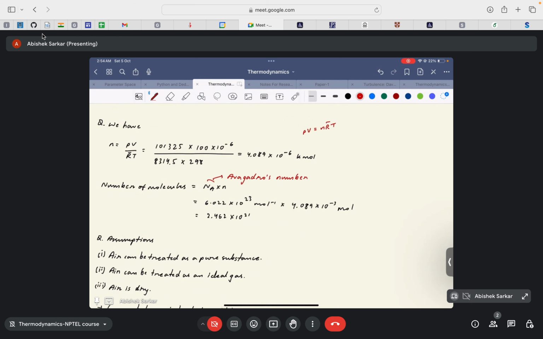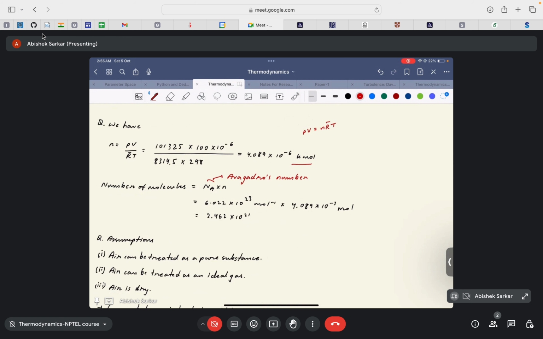Now Avogadro's number is basically the number of molecules that we can find in a single mole of substance. One mole of a substance will include Avogadro's number of particles or molecules. Since the number of moles is 4.089 into 10 to the minus 6 kilomole, and Avogadro's number Na is given by 6.022 into 10 to the power 23 per mole, you need to convert this into mole as well, so that mole and mole cancel out.